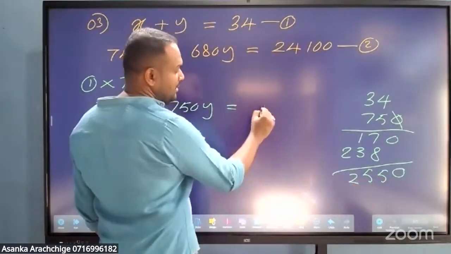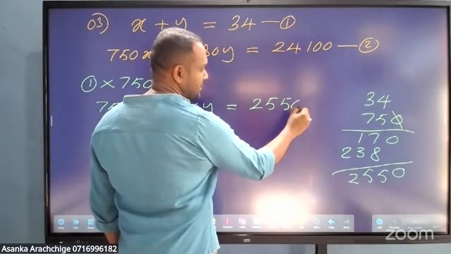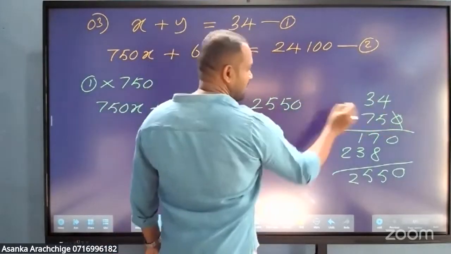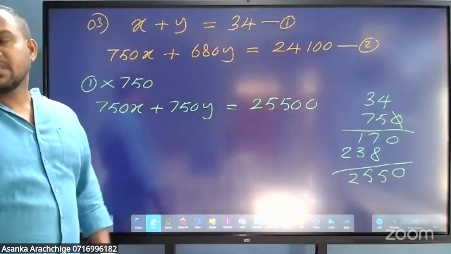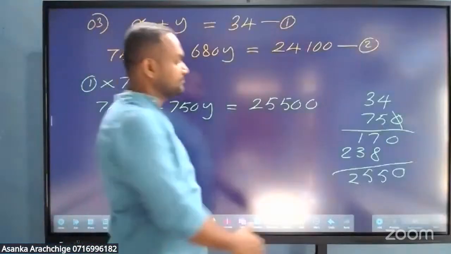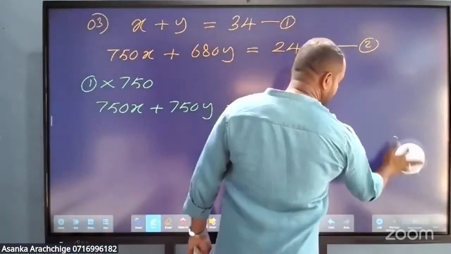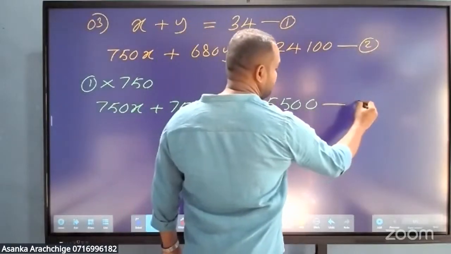That must be 2, 5, 5, 0. And this 0, that is 25,500 rupees. So this is the third equation.